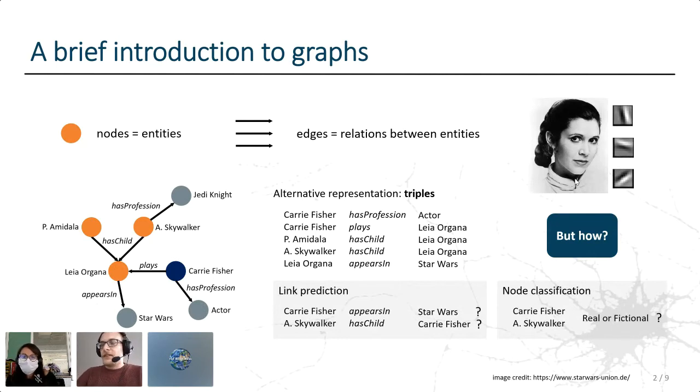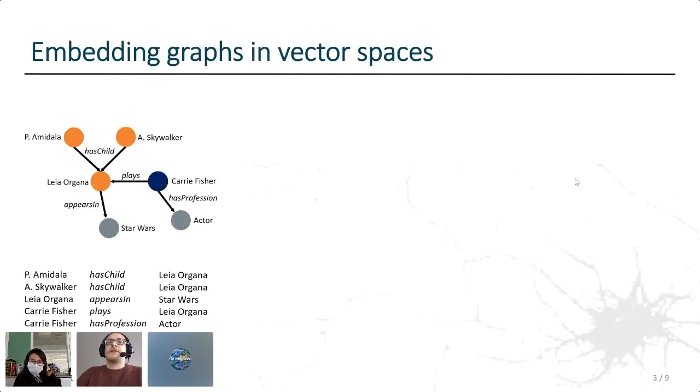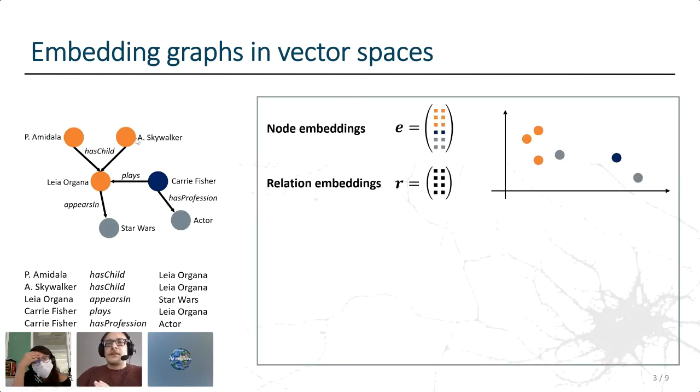So a very prominent approach nowadays is to find a new representation for each entity in the graph. So instead of using the symbolic structure, we want to find a new representation of the graph in a low-dimensional vector space. How this looks is that for each node, we want to find a new node embedding, for instance here, a two-dimensional vector in a vector space.